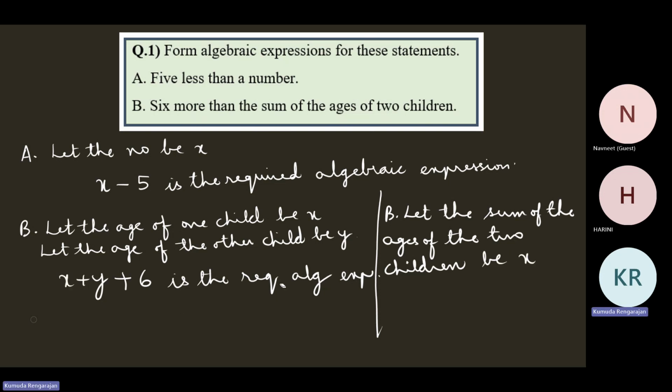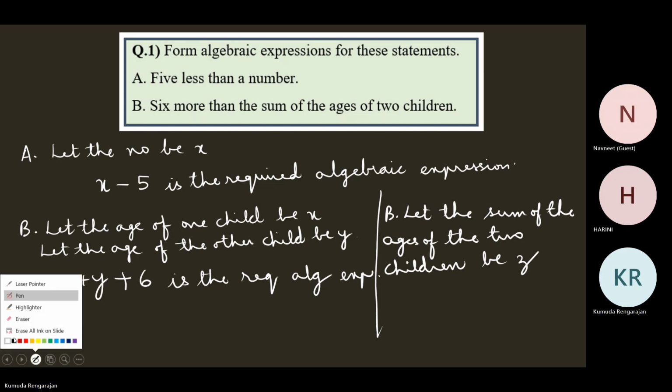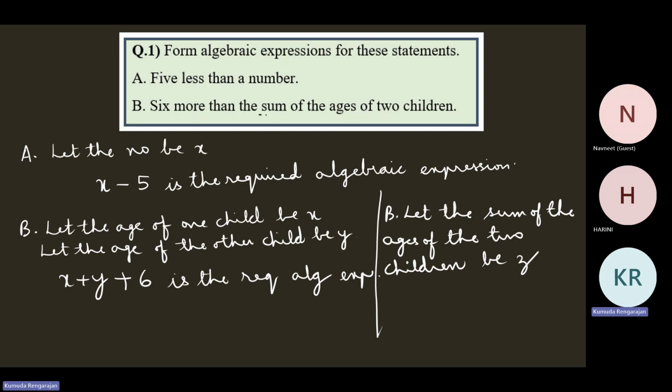If you think again x is confusing, you can say z or any other letter. So say z. Let the sum of the ages of the 2 children be z. So z is not the age of one child. It is the age of one child plus the age of the other child. Together, the sum is z.